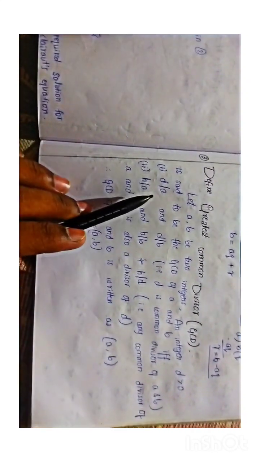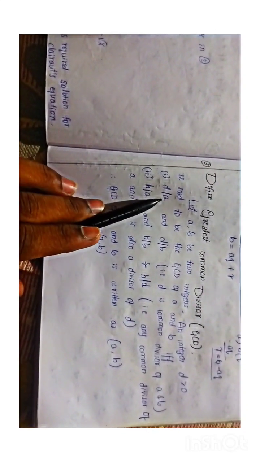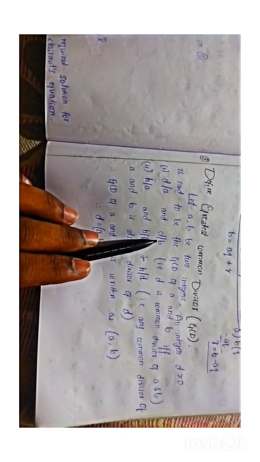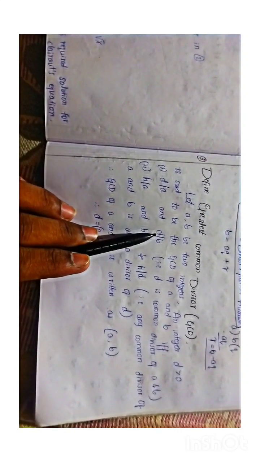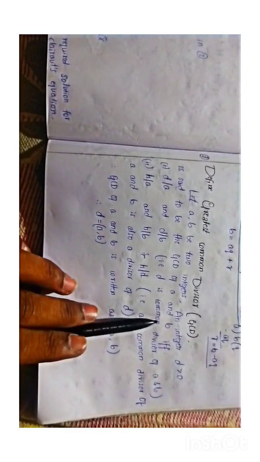First, d divides a and d divides b. That is, d is a common divisor of both a and b.